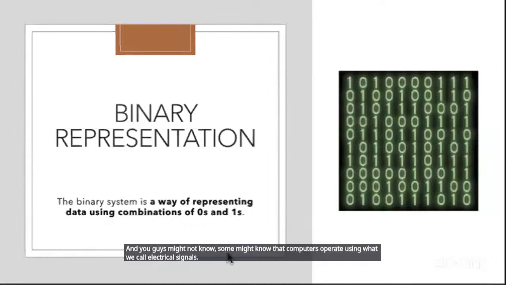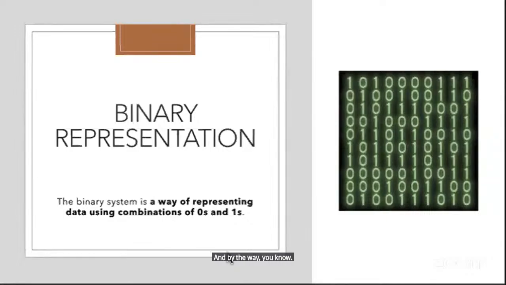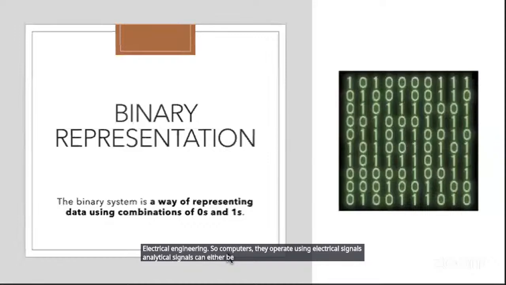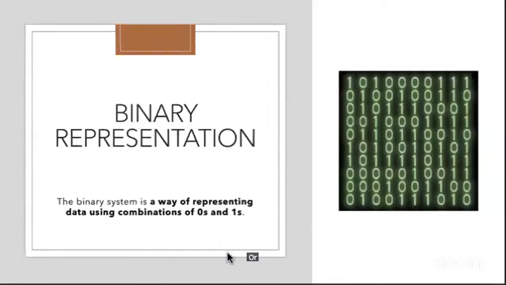And by the way, computer science came out of electrical engineering. Electrical engineering was older. Then computer science was born from electrical engineering. So computers operate using electrical signals, and electrical signals can either be 1, which is on, or 0, which is off.